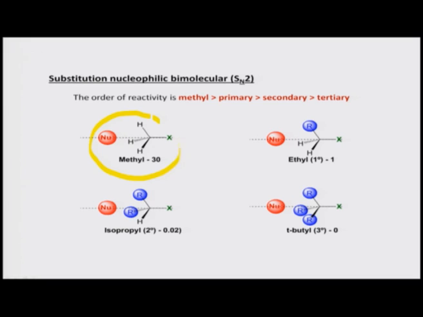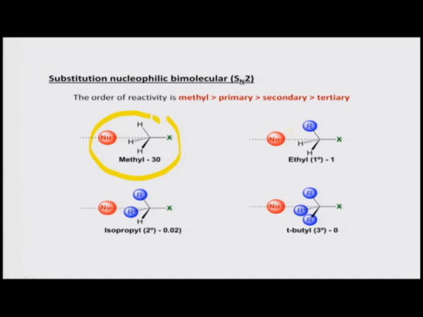If you look at the methyl group in the first structure here, a methyl has 3 hydrogen atoms, and when the nucleophile is approaching this, it only feels these 3 hydrogen atoms. Hydrogen atoms are extremely small, so the nucleophile has no problem in approaching this carbon atom and starting to form the new bond. Once I go into an ethyl group, the nucleophile approaches almost the same way, but one of the hydrogen atoms is now replaced with a methyl group, an alkyl group.